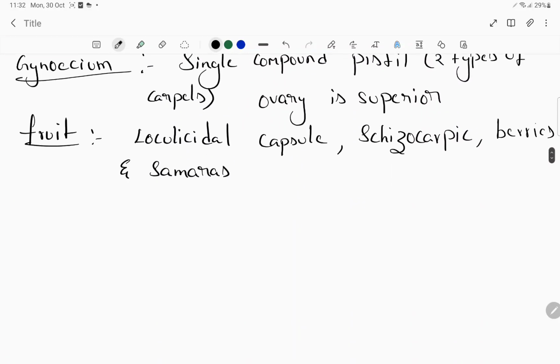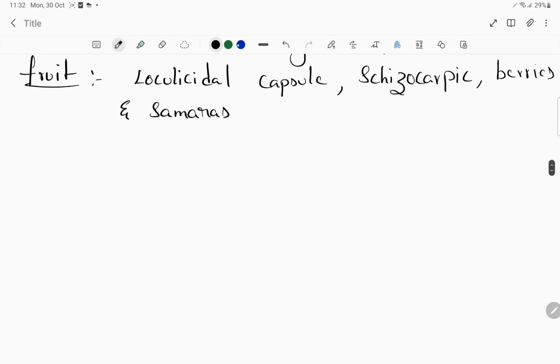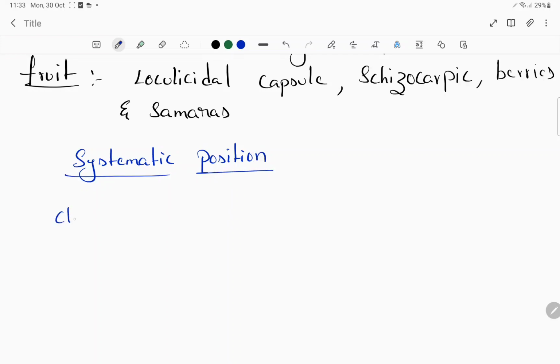So coming to the description, in the systematic position, if you see the class, the class is dicotyledons.